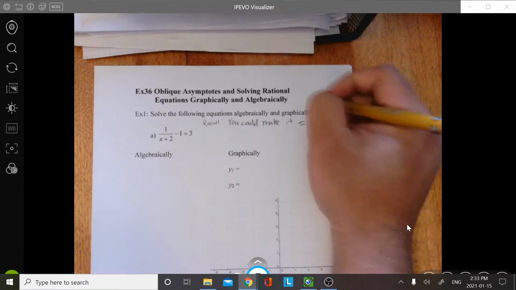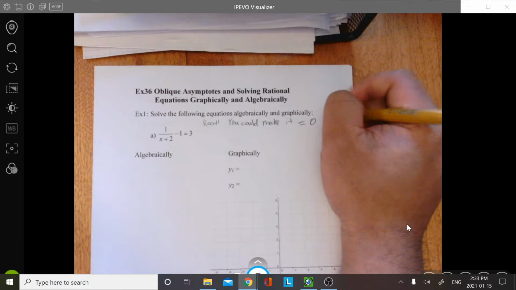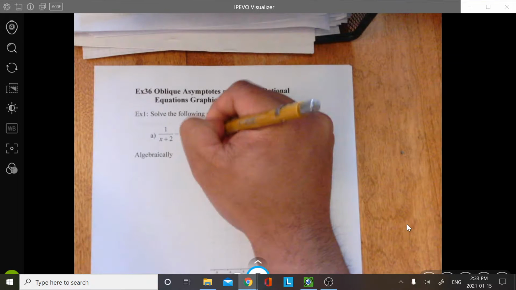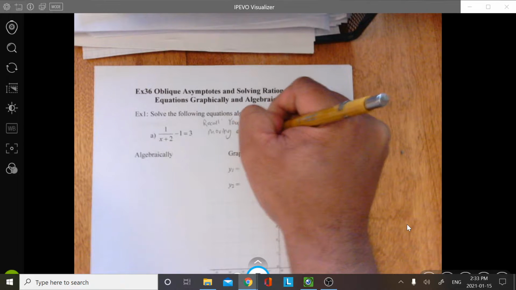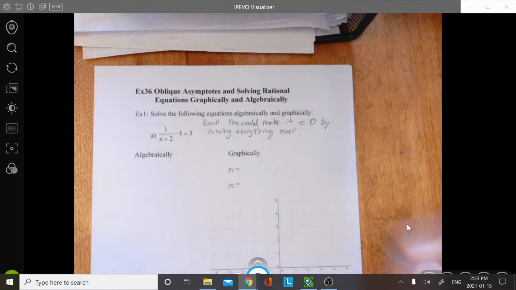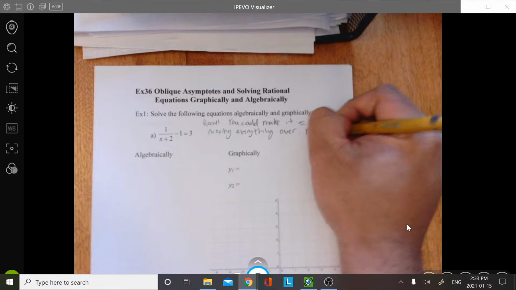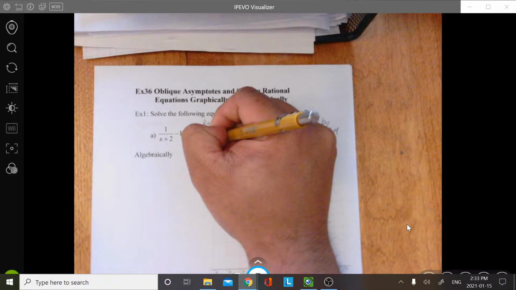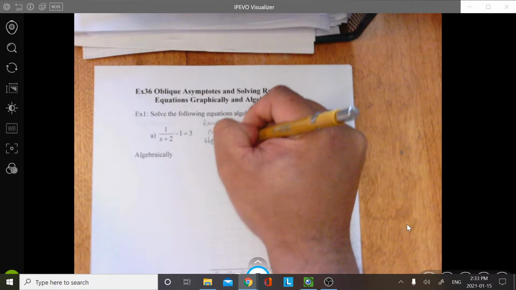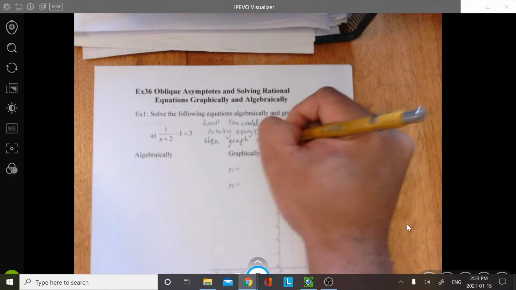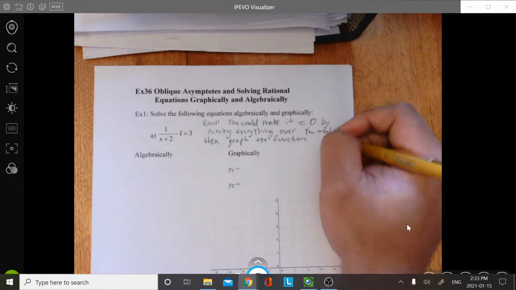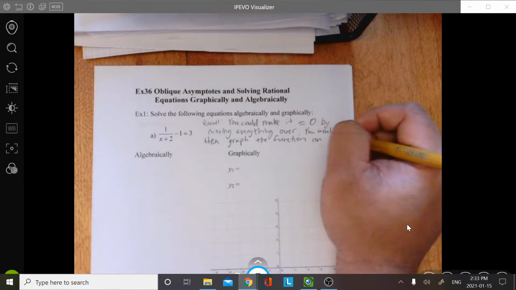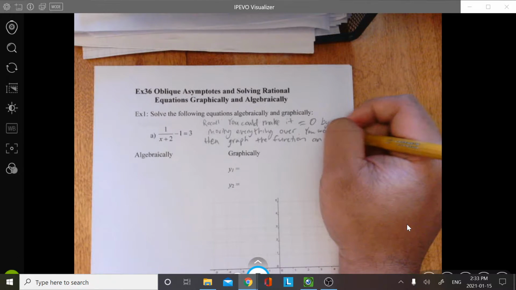You would then graph the function and then the solutions would be the x-intercepts.